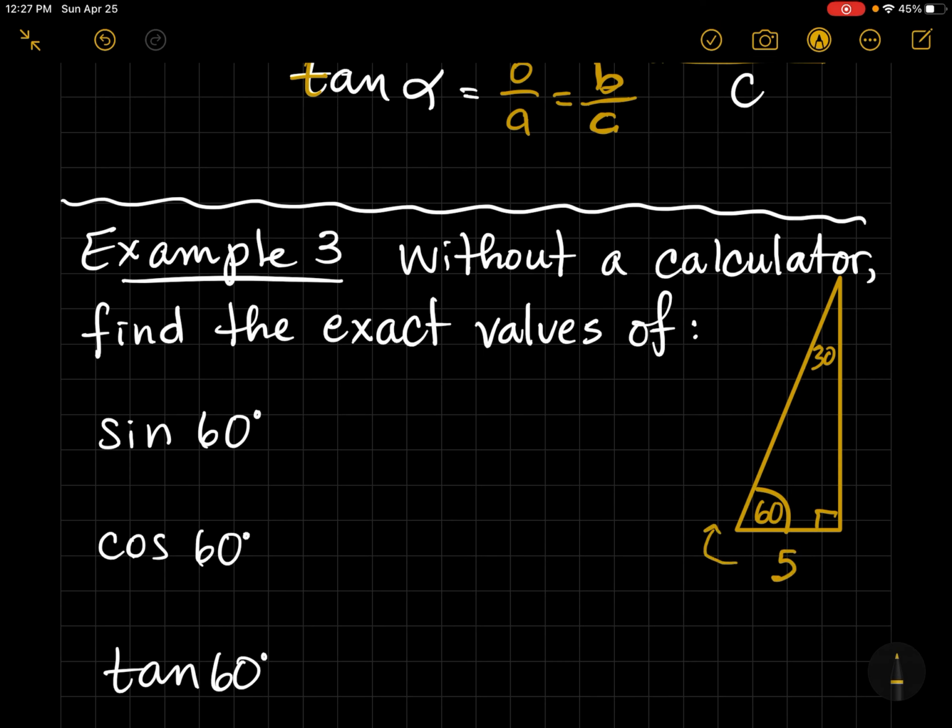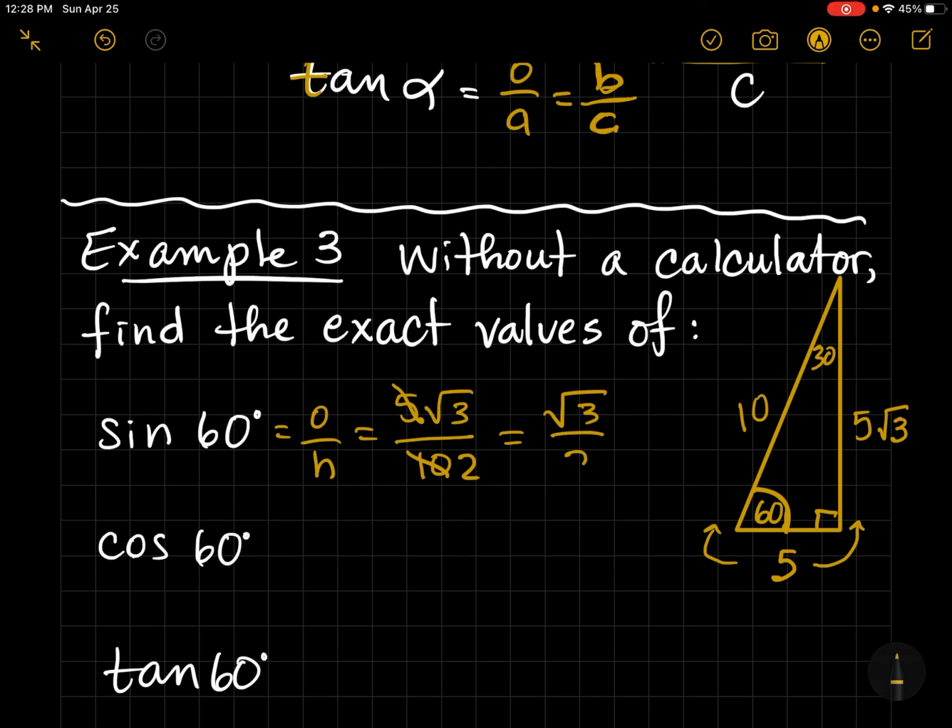Remember, we multiply by 2 and the hypotenuse is 10. Multiply by radical 3 and the long leg is 5 radical 3. So I could simply say opposite over hypotenuse, 5 radical 3 over 10. And then I could reduce it, and I'd get the square root of 3 over 2. And that would be the answer for the sine of 60 degrees.